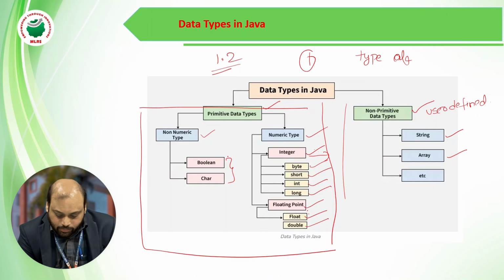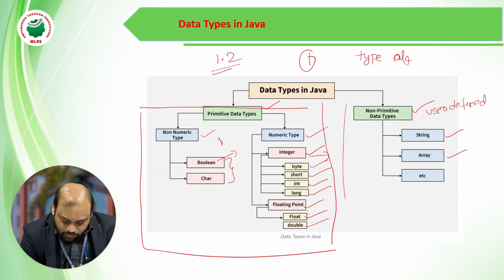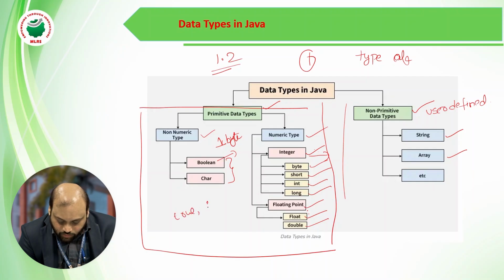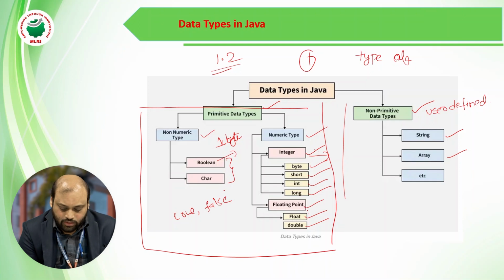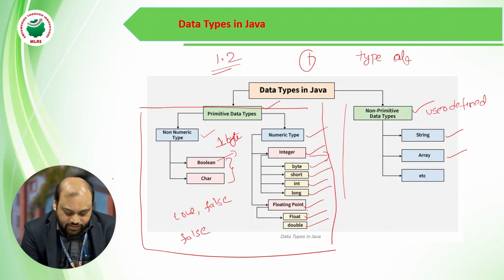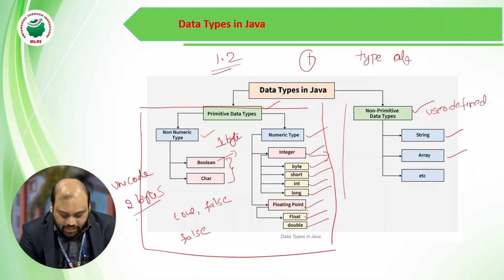Here Boolean, the size is 1 byte, and the values allowed are either true or false. 0 and 1 are not allowed, and the default value is false. Character is a Unicode character, the size is 2 bytes, and the default value is \u0000.